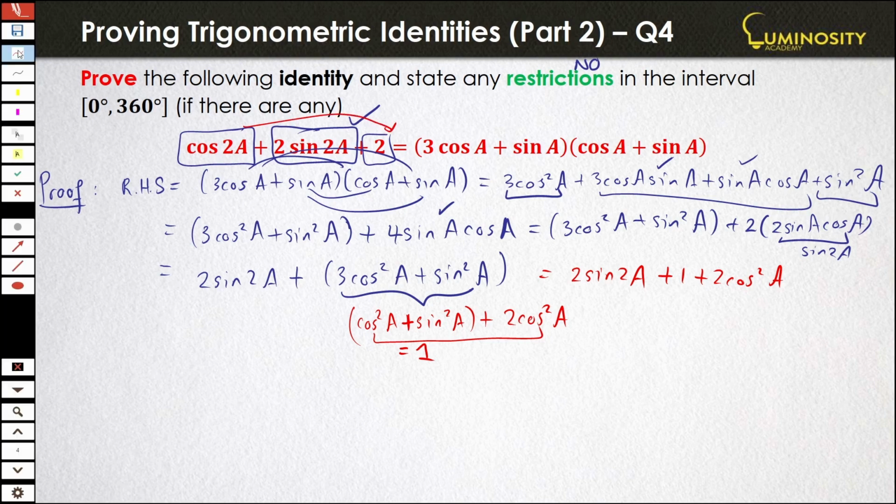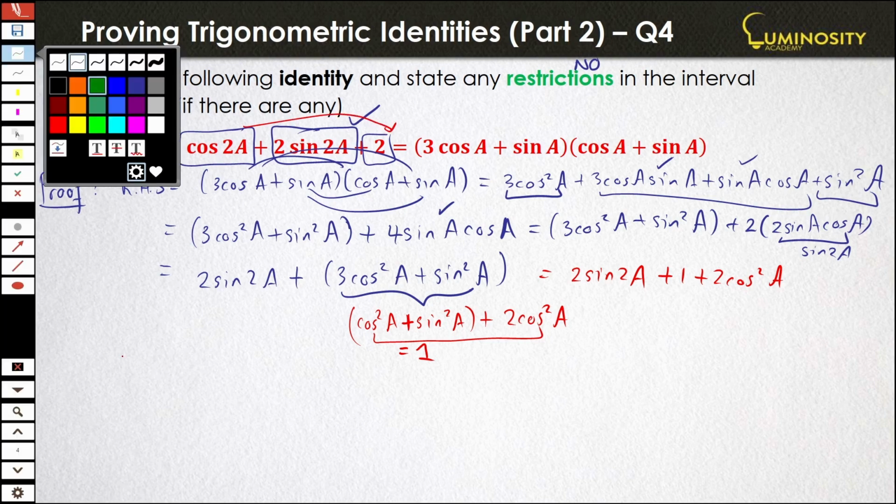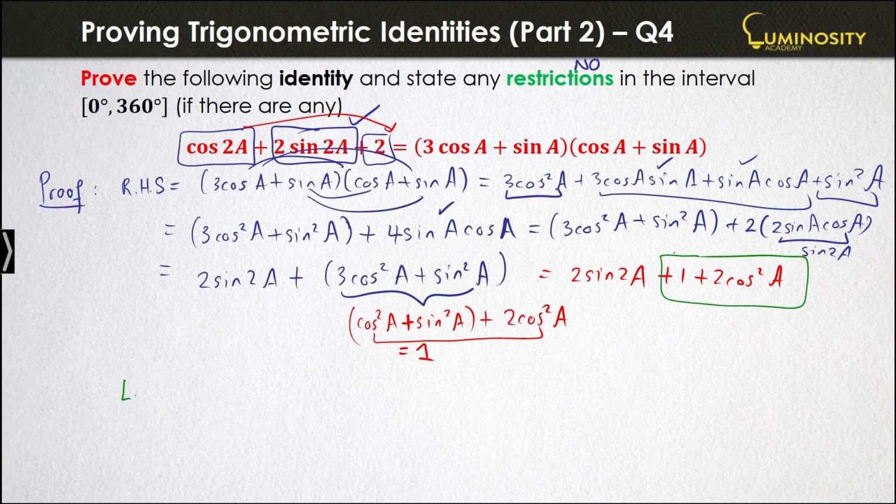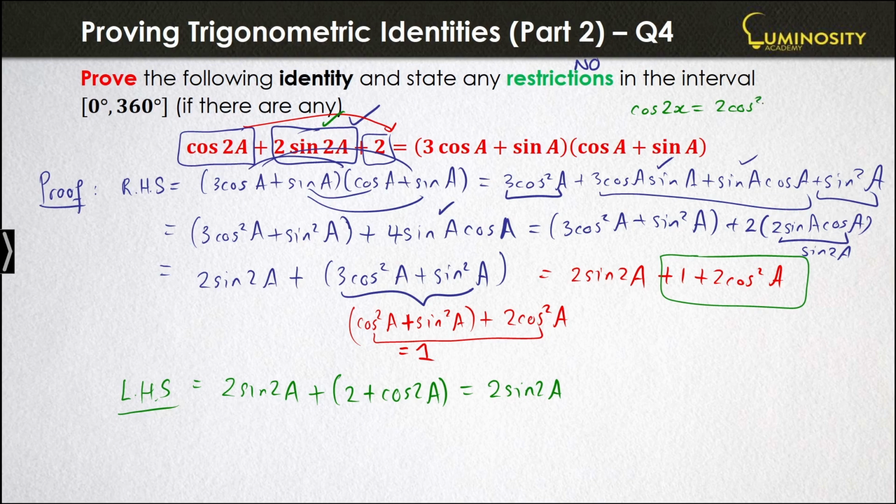So at this point I'm going to work with the left-hand side and simplify it, and see if it ends up being this term here. On the left-hand side, we have that 2 sine 2a, that's fine, plus we have 2 plus cos 2a. Now, cos 2a has 3 variations, but I want to pick one that's going to make sense in my proof. I see a 2 cos squared a, and I know that cos of 2x can be written as 2 cos squared x minus 1.